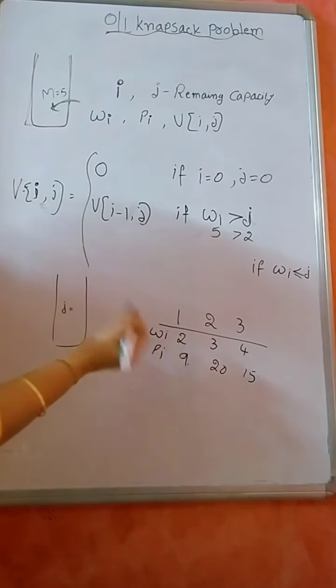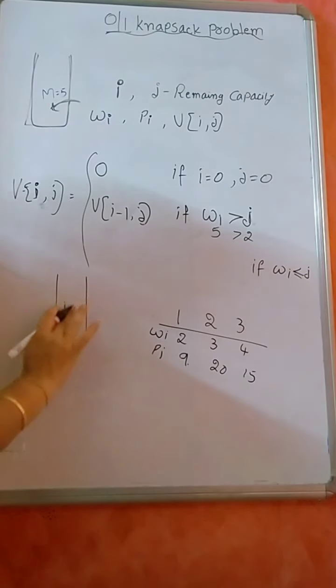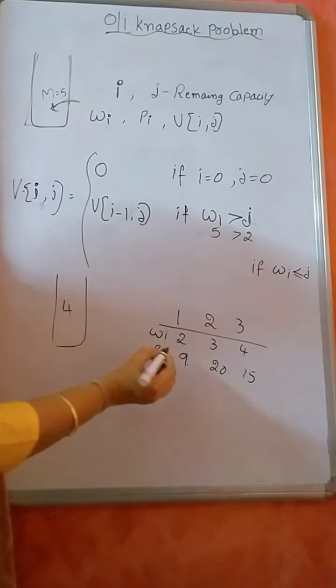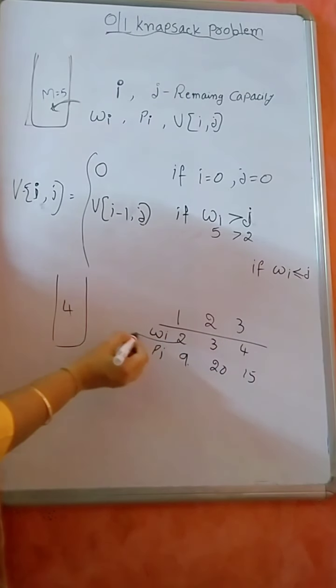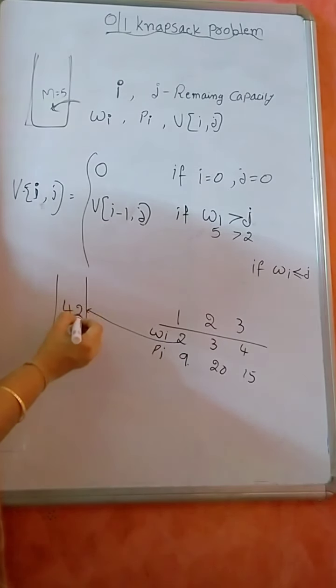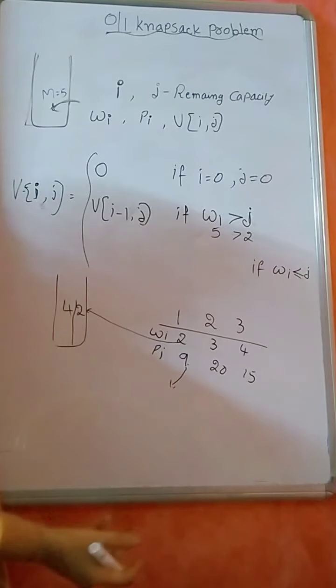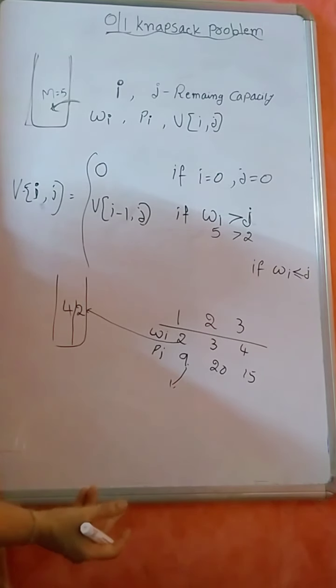Otherwise you just consider that the capacity of the knapsack itself is 4. 4 is the capacity, or you can say it's a remaining capacity. So now, can I insert this object? Yes, I can insert this object. Correct or not? What is the profit I am getting? 9.